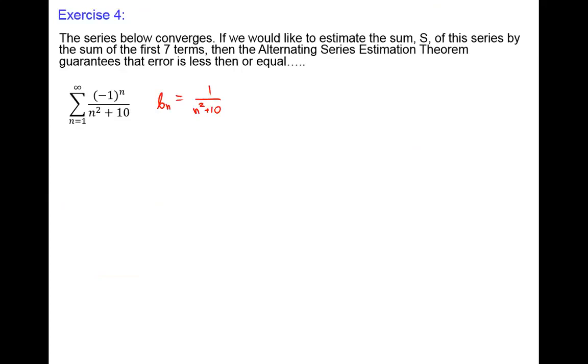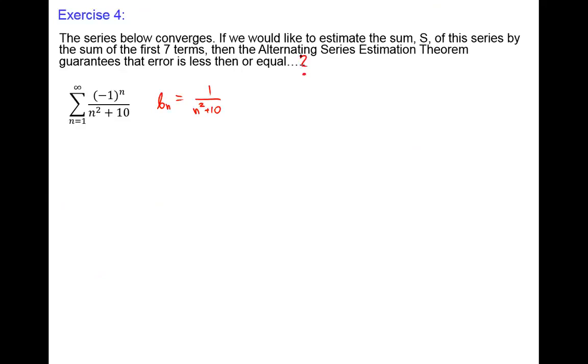If we would like to estimate the whole sum S of this series by the sum of the first 7 terms. Okay? That means we just need to add 7 terms. Then the alternating series estimation theorem guarantees that the error is less than or equal to a number that we have to find.